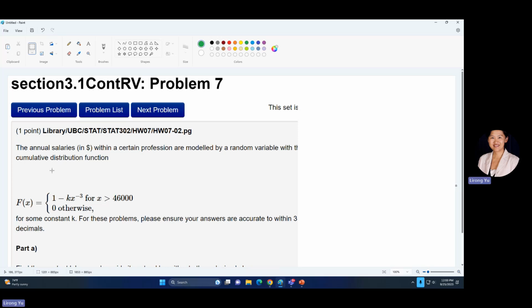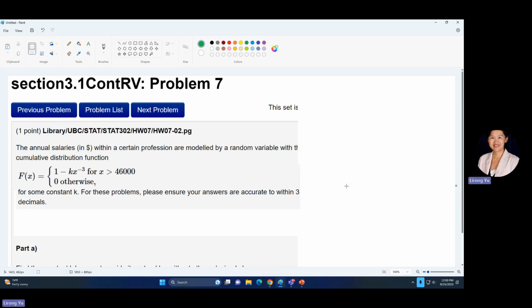All right, so this is a CDF. And again, the derivative of CDF is a density function.